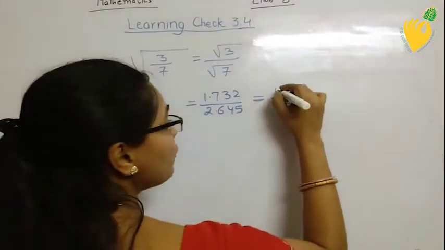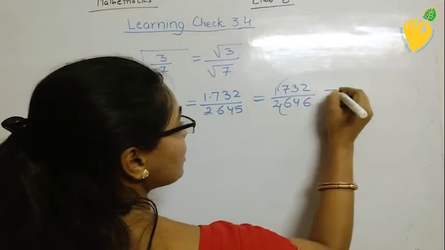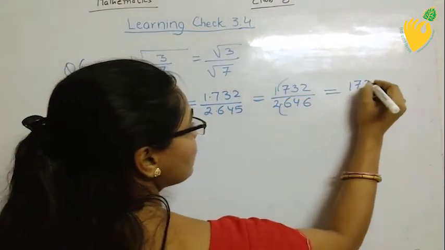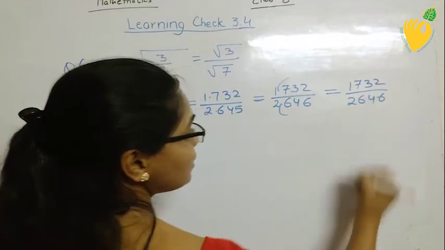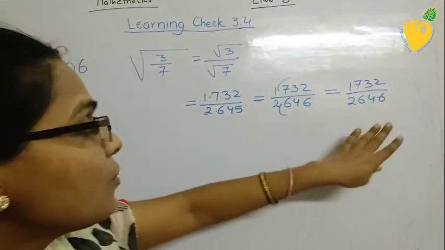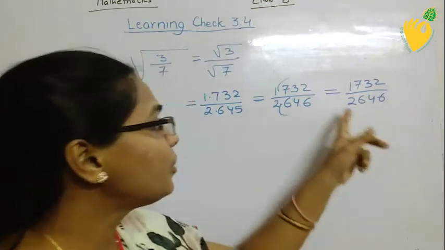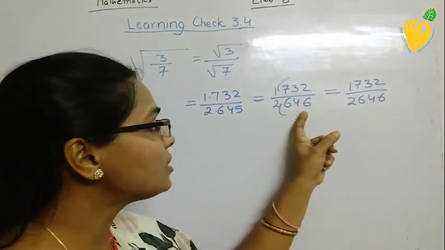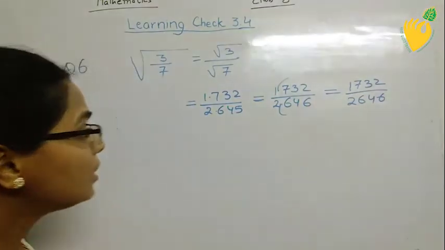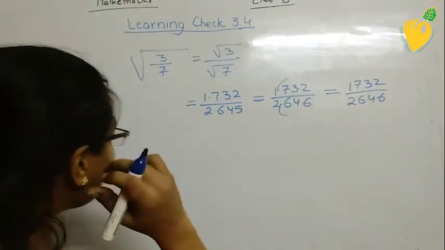You have to simply divide it by removing the decimal first. 1732 divided by 2646. We will not increase any 0 in the numerator and denominator because the number of digits after the decimal in the numerator is the same as in the denominator.